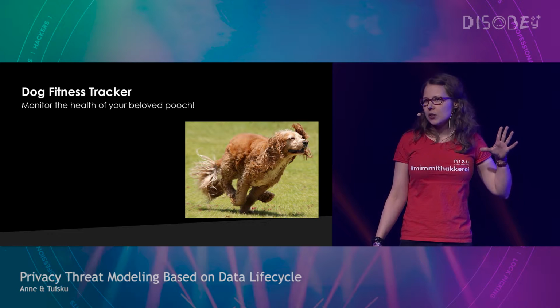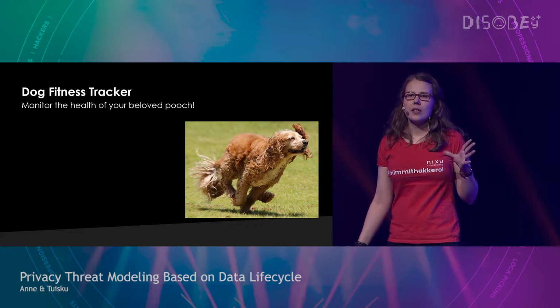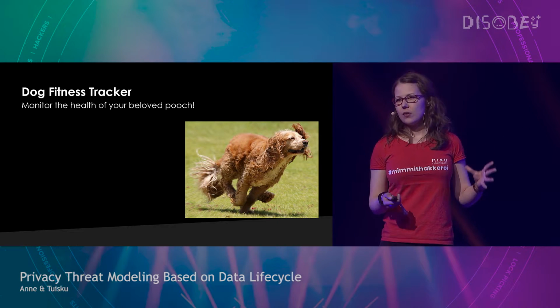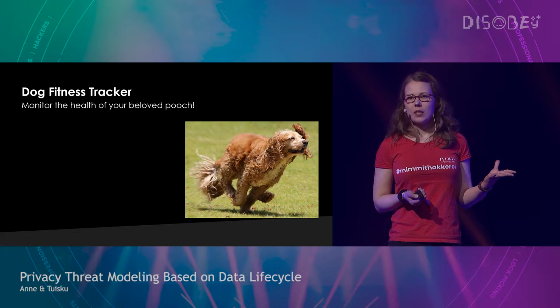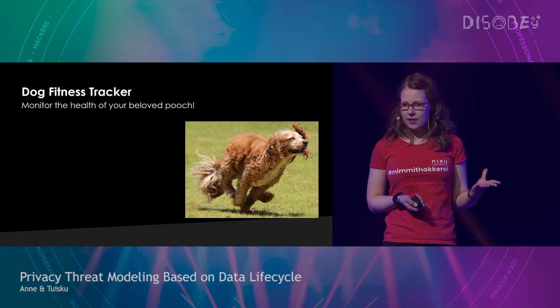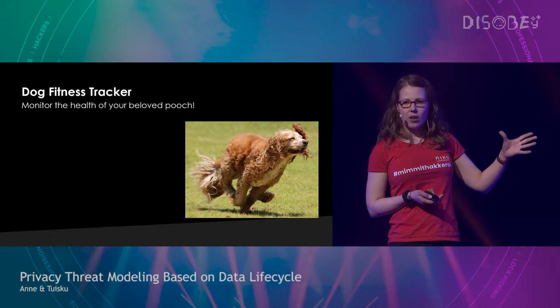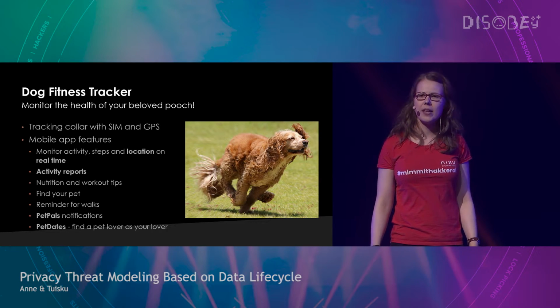And before we go to the data lifecycle, we're going to present this example system that we're going to use for highlighting what kind of threats you can discover and how to make privacy threat modeling practical. And this is a dog fitness tracker application. There's a device that you put on your dog. It's a collar. It has a GPS on it.